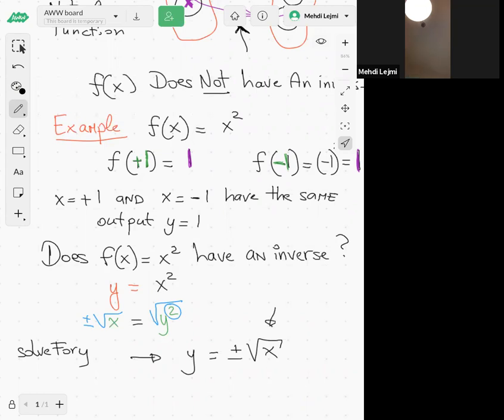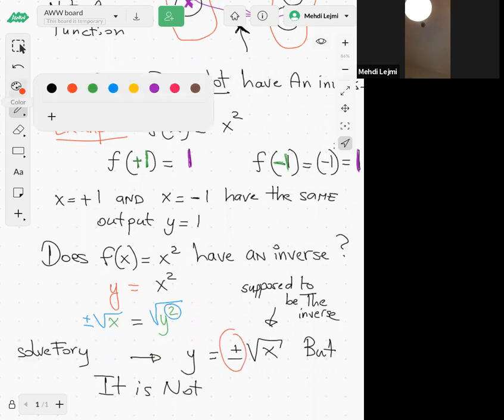But this is not a function, because of the plus or minus, which means that we have two possible outputs.